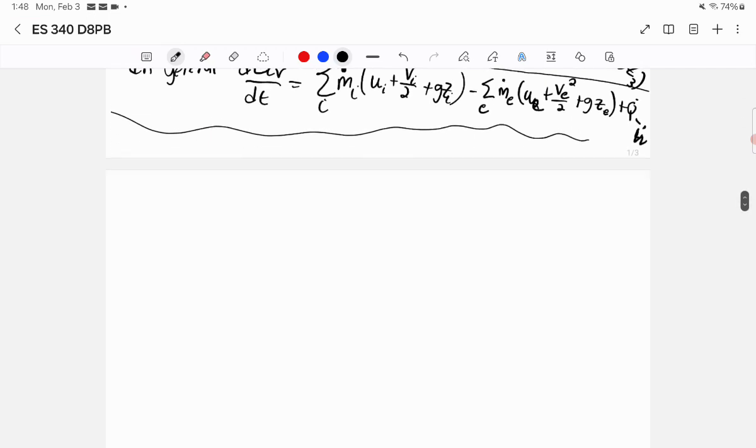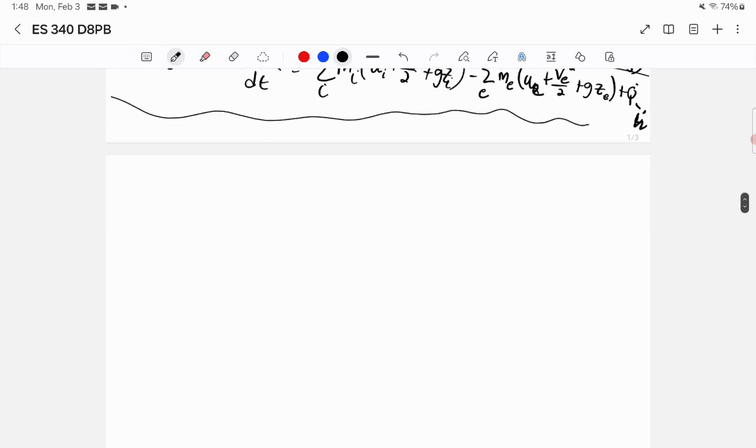Now for W dot, your book likes to think about splitting up work. So you can split up the work into two pieces. The W dot is equal to W_CV dot, where this is work done by, well, it's power really. This is the rate of change in time of work, which gives you power.